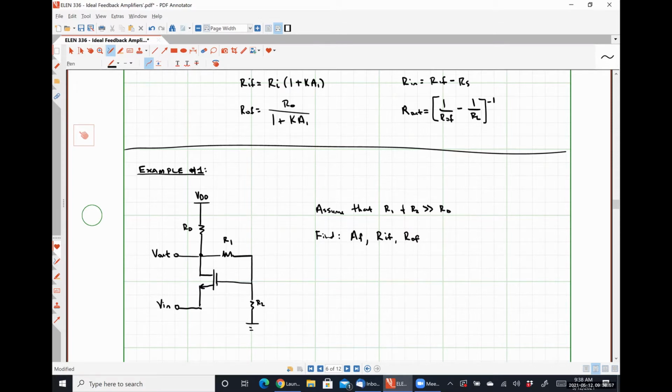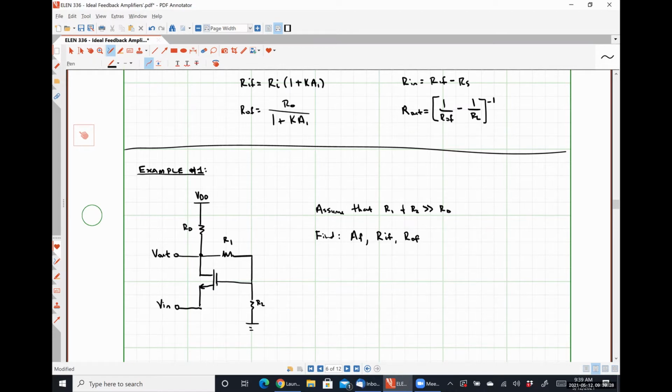So I guess the first thing that I want to ask is, do you guys see why this is an amplifier with feedback? Well, let's start with something real simple, okay? The resistor R1 is connected from the output to the gate. So it's not directly tied from the output to one of the input signals like we saw with our op amps.